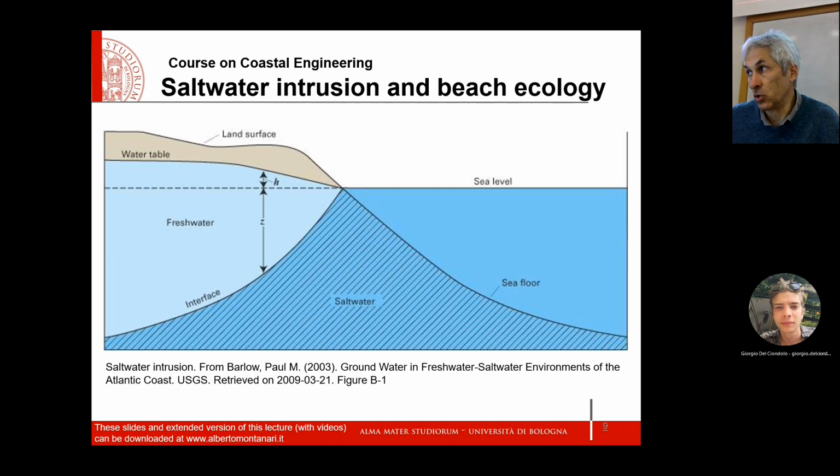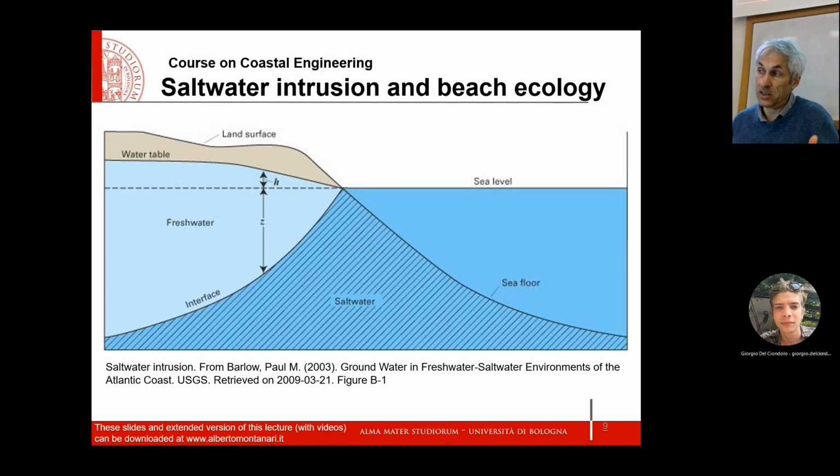Of course, salt water from the ocean intrudes a little bit. If you look at the shape that you see on the screen, it's clear that if the seafloor is permeable, and it is permeable in a flat alluvial coast, the salt water above the seafloor tends to penetrate into the ground. And then there is the competition with the flux of fresh water.